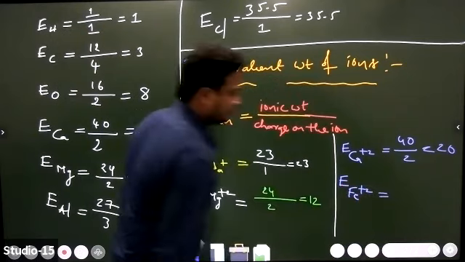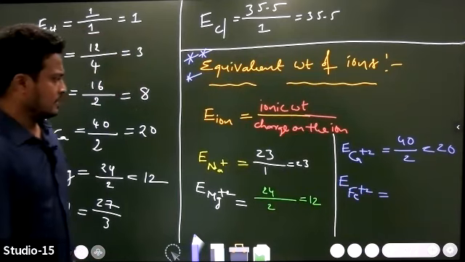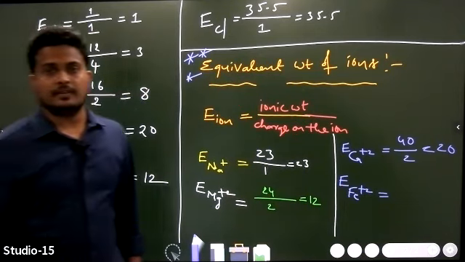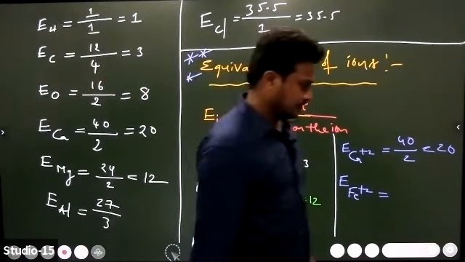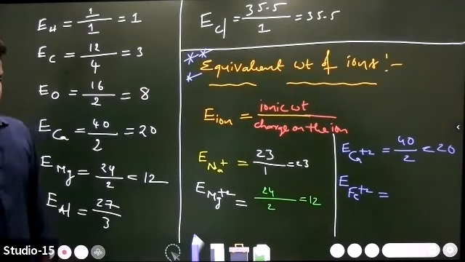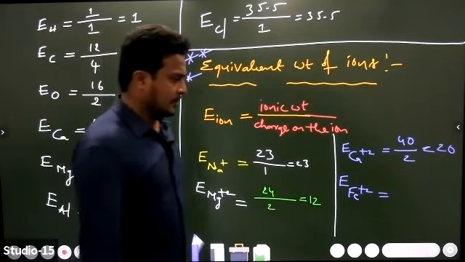Fe plus 2. Can anyone tell the answer? What is the equivalent weight of Fe plus 2? Message me fast. If you are able to speak out, tell me what is the answer.